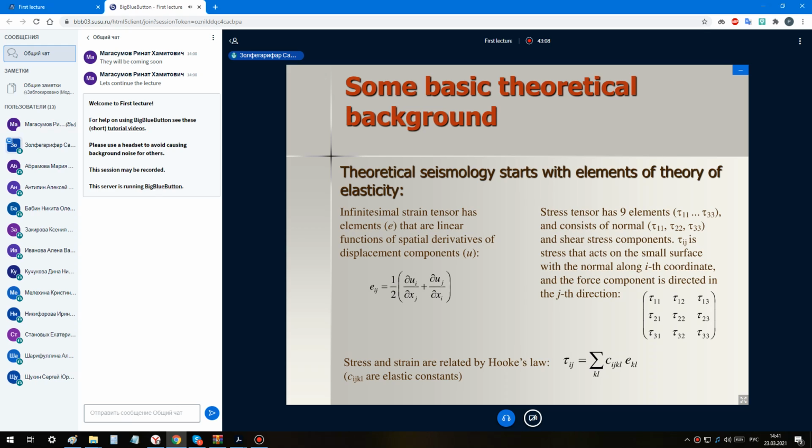Stress and strain are related by Hooke's law, as shown in this equation: tau_ij equals sum over k and l of C_ijkl times e_kl. C_ijkl are the elastic constants.